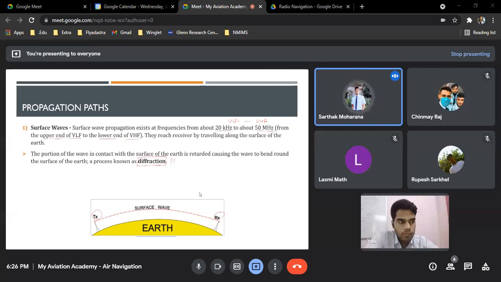In diffraction there is no change in medium. Then why is the bending happening? Because the electric wave coincides with the Earth, so it bends towards the direction.